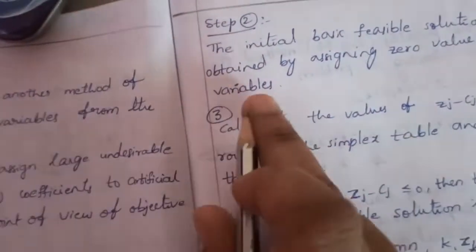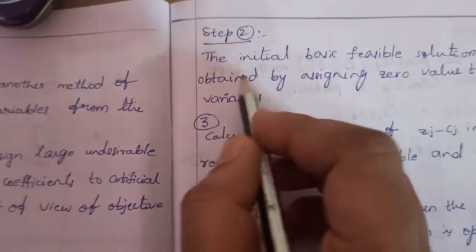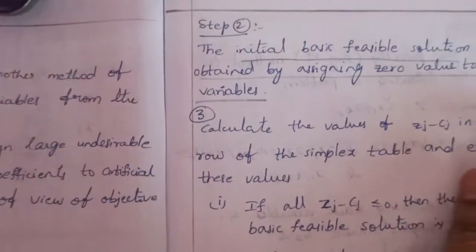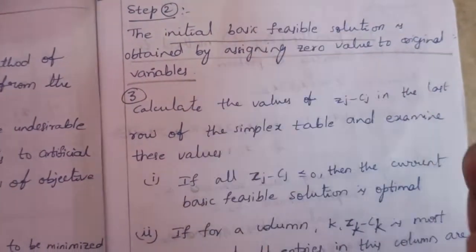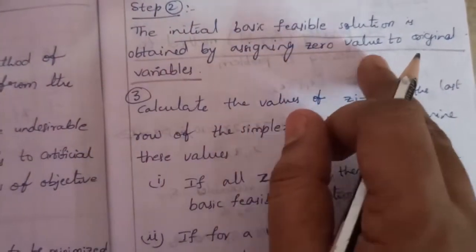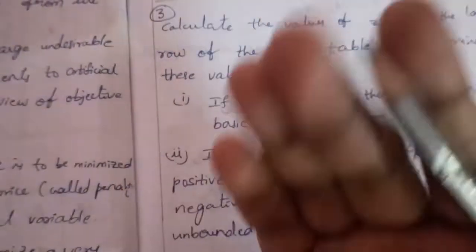And next, step 2. Here the initial basic feasible solution is obtained by assigning 0 value to the original variables. To the original variables we have to take 0 values. Next step.